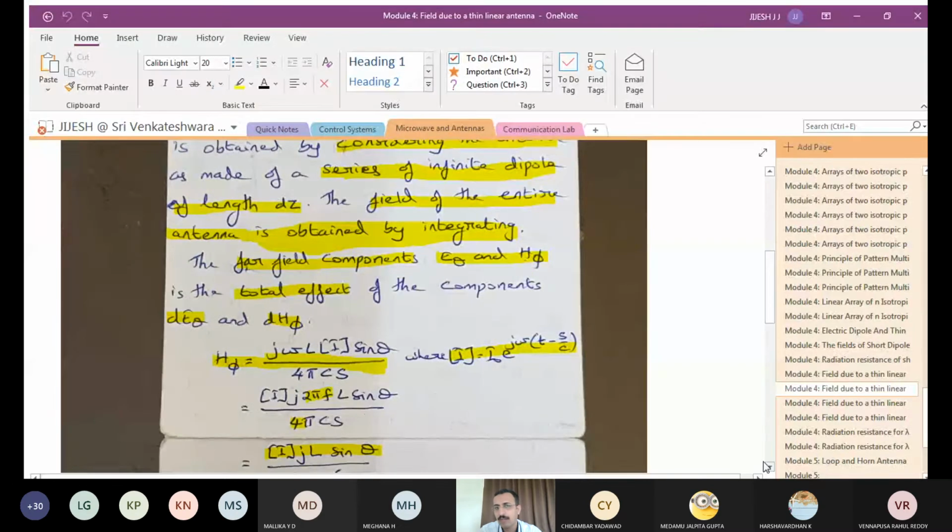You take that small length and then integrate it.